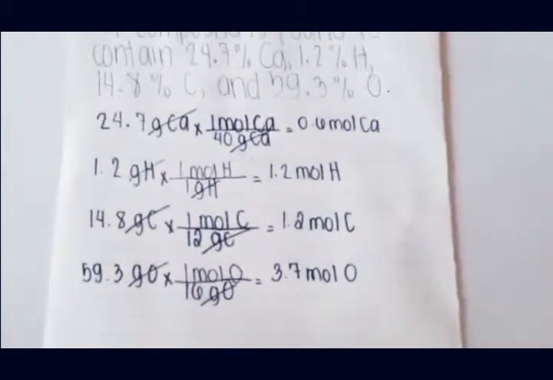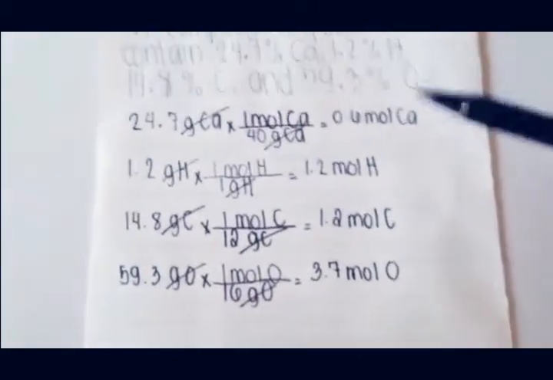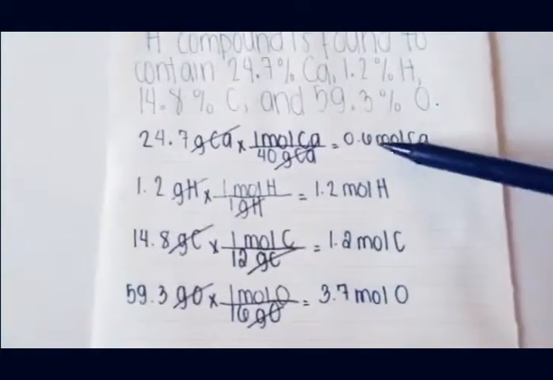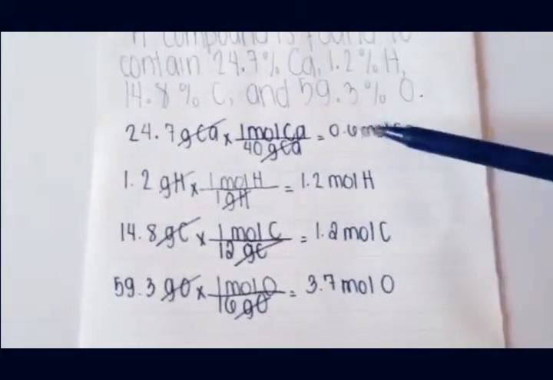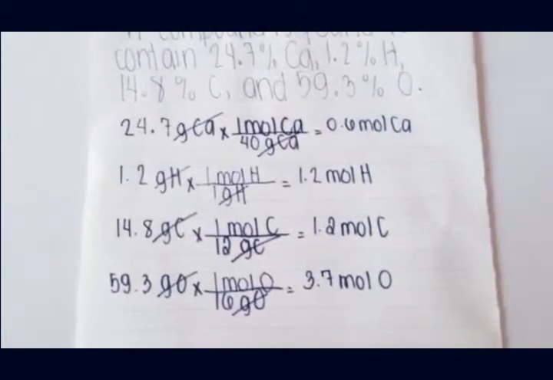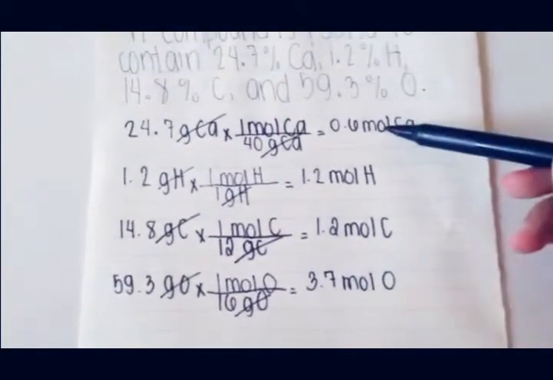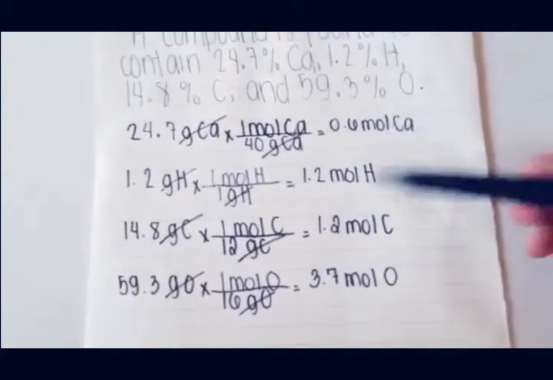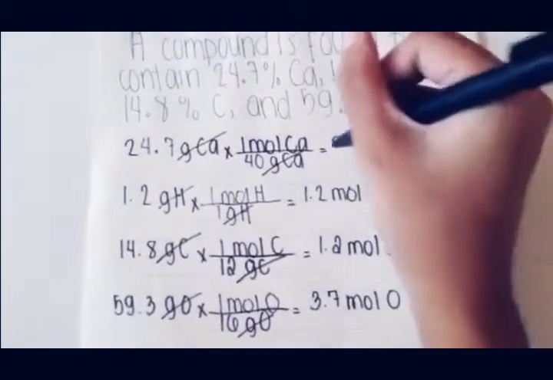Like the first example, the next thing we do is to look at the answers. At this point, we have to look for the smallest number, which is 0.6, and divide it to all the answers.